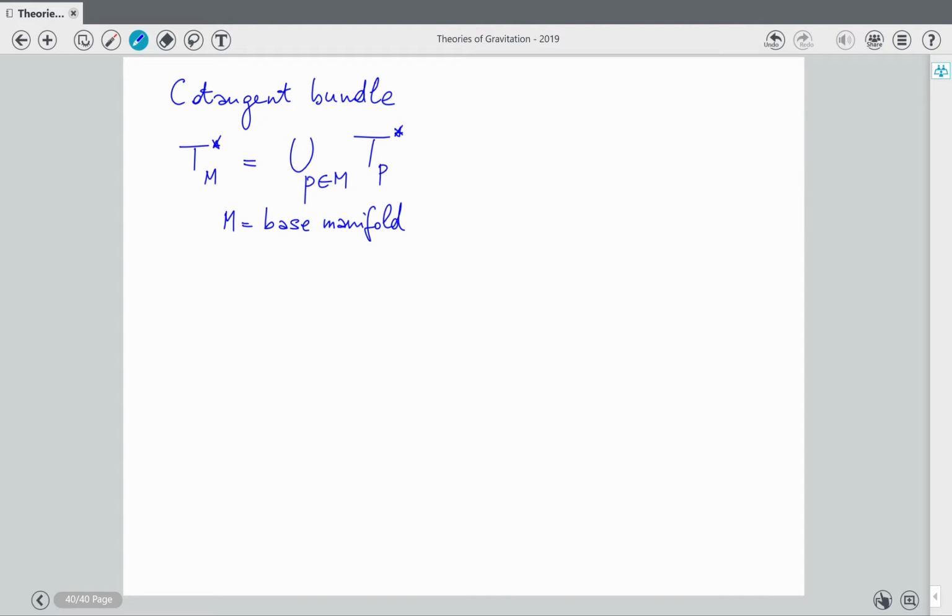And as before, we can easily describe how it works locally and in the intersections of charts, because locally we will use the coordinates of the base, and the list of components in the cotangent space of any element of the cotangent space using the basis dxi.